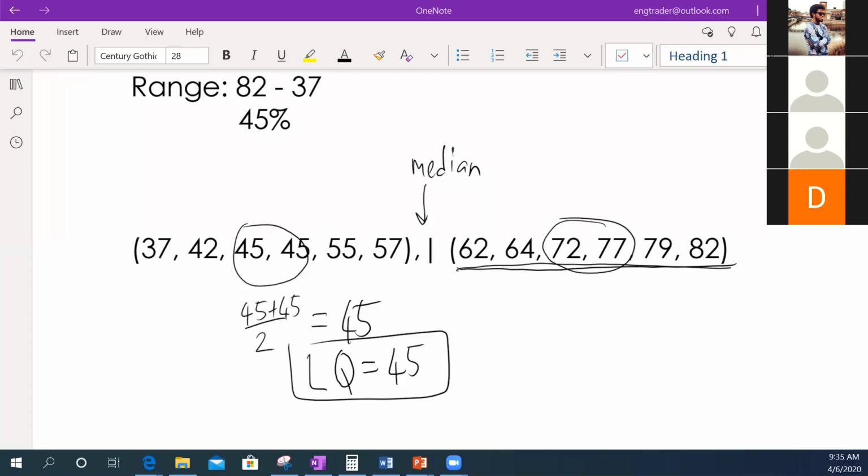I have a question. If you got one middle number, do you include that to find your lower quartile? If it was only one middle number, that would be the lower quartile. No, I mean, you see how it got two numbers that are going to be the median, 57 and 62, right? And then you take out 62, and 57 might be the median.